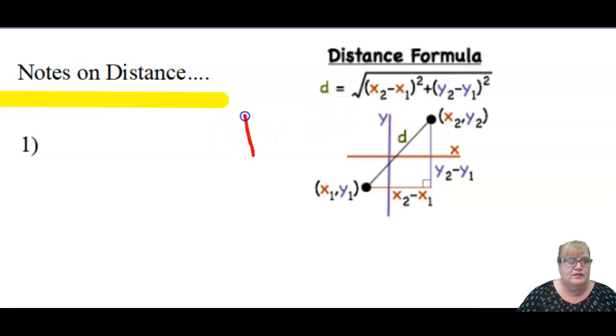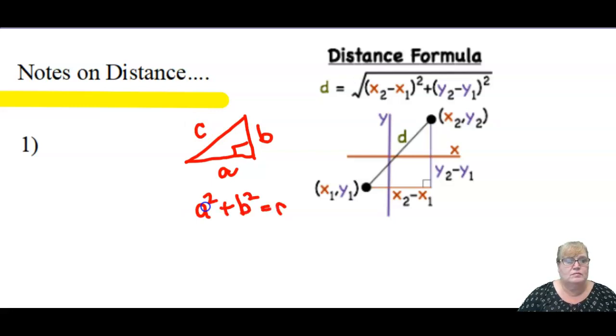I always think of the distance formula as just the Pythagorean theorem, where the distance would be this diagonal here. The difference in the x's is this length going horizontally.